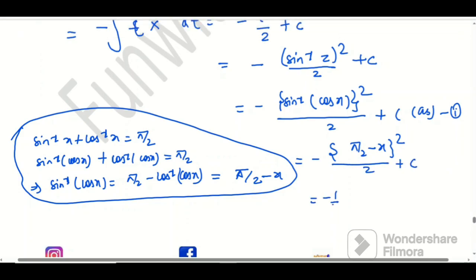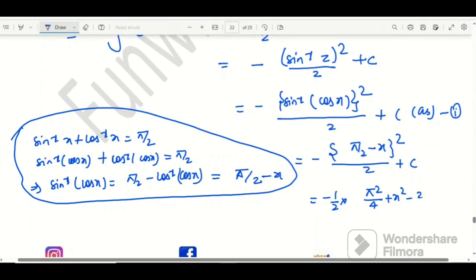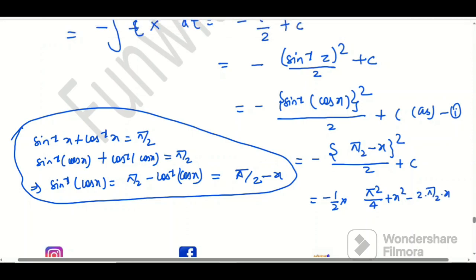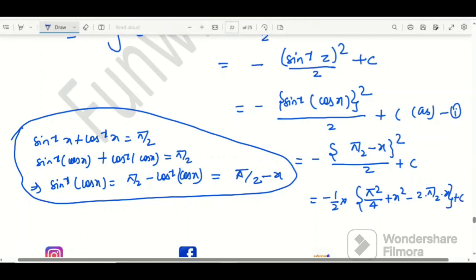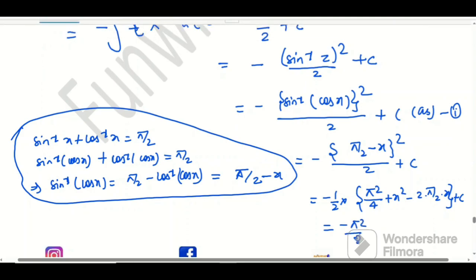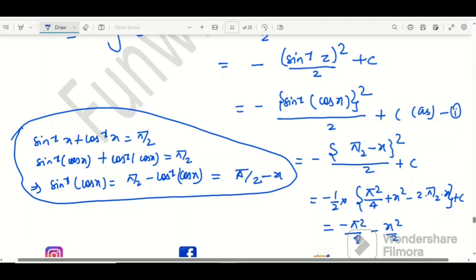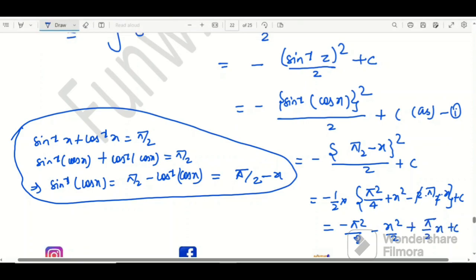It will be minus 1 by 2 into pi square, a square plus b square minus 2 into pi by 2 into x, into 1 by 2 is there in multiplication, plus c. So it will be minus pi square upon 8 minus x square upon 2. This 2 and 2 will get cancelled. So it will be plus pi by 2 into x plus c as our answer.